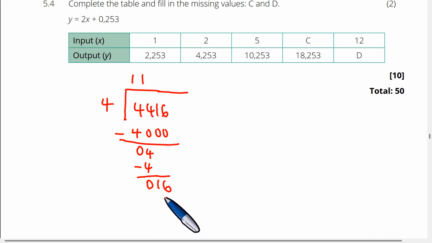And then you continue with the process. You say 1 divided by 4 is 0. 4 by 0 is 0. Right, so you have exactly that.